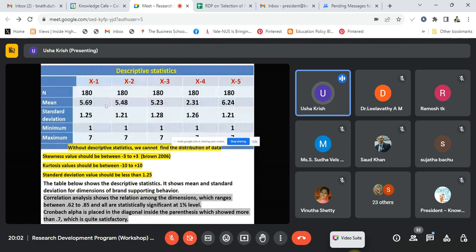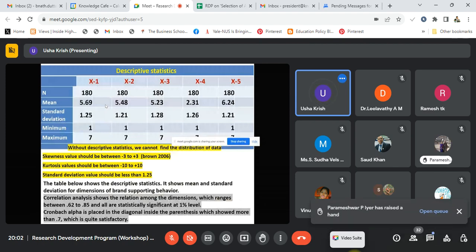So we have to give the details of descriptive statistics irrespective of the objective of the study. Here, statistical tools like mean value, standard deviation value, minimum and maximum scale, skewness, kurtosis can be highlighted.